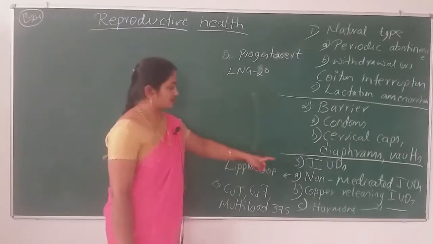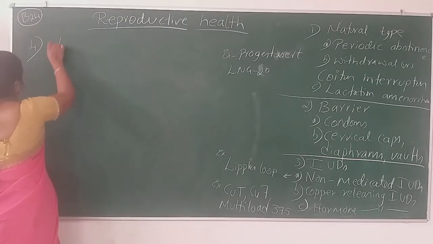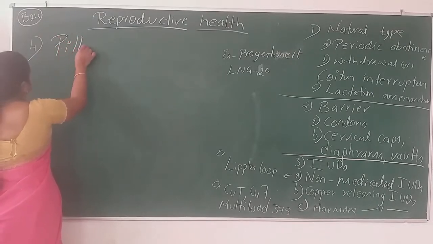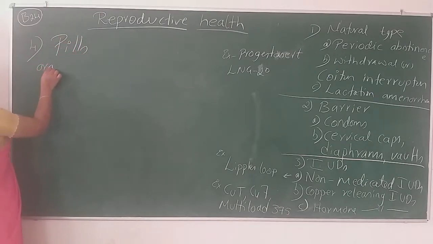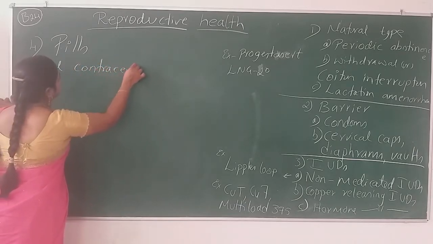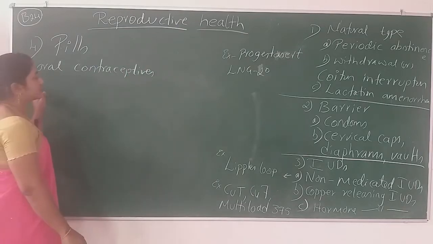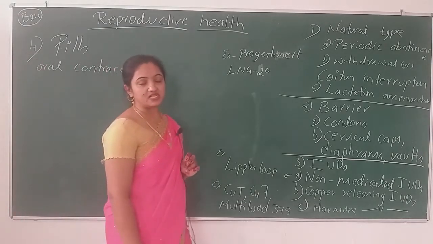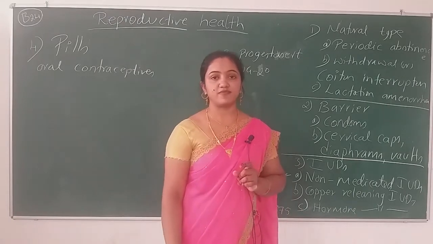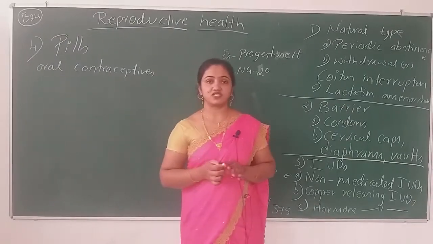After the third type of contraceptive, today we are going to learn the fourth type, that is pills or oral contraceptives. Oral contraceptives are also for females, and you have to remember who has to use these contraceptives.